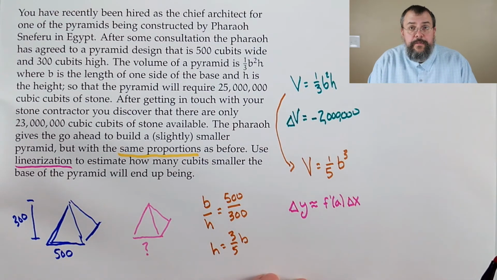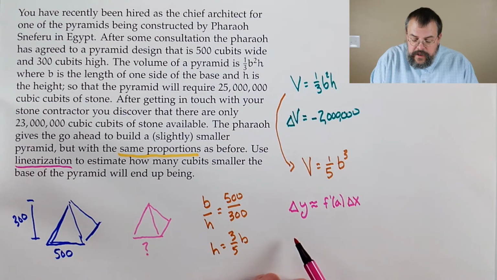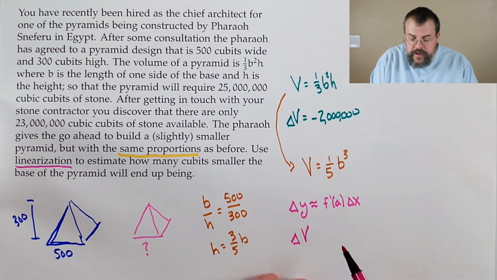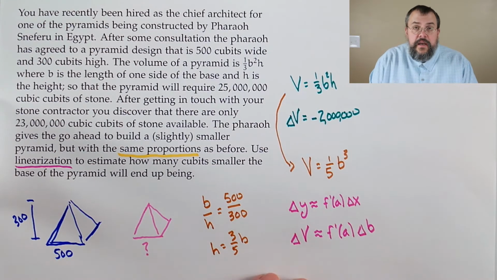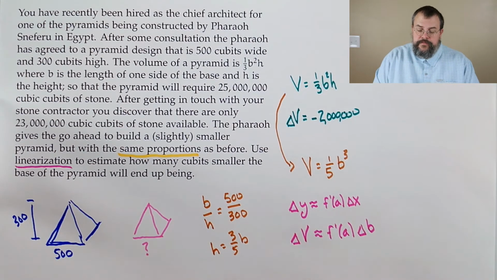So instead of y, we could have v. It's approximately the derivative of our function evaluated at some interesting point times our change in our input. In our case, b. Our base is our input.